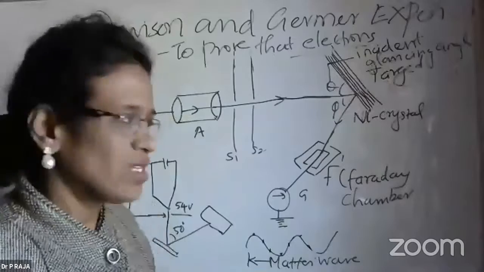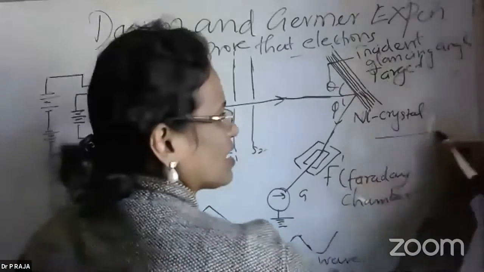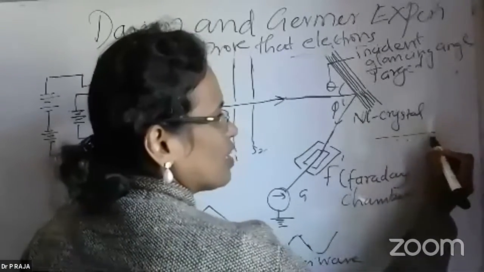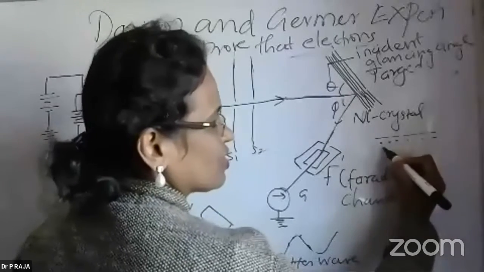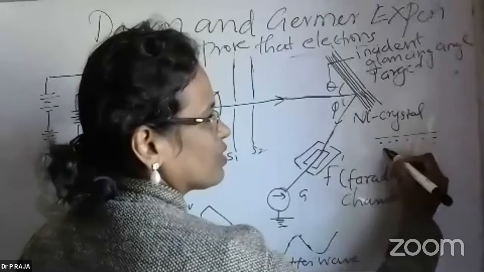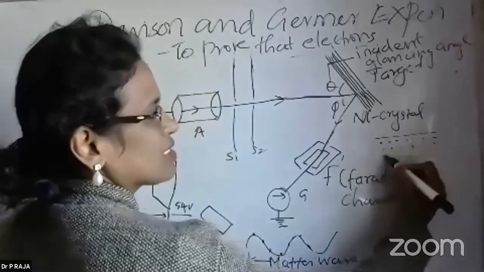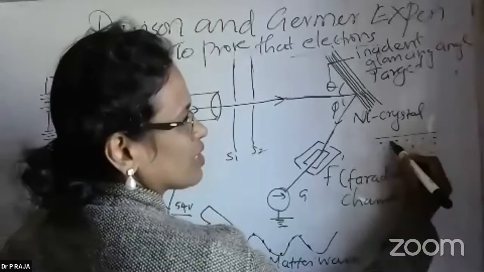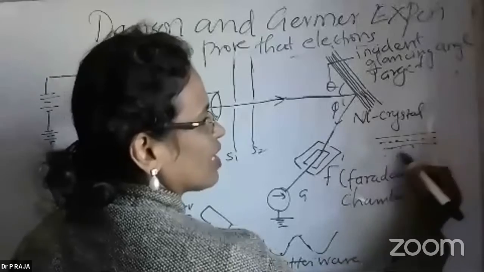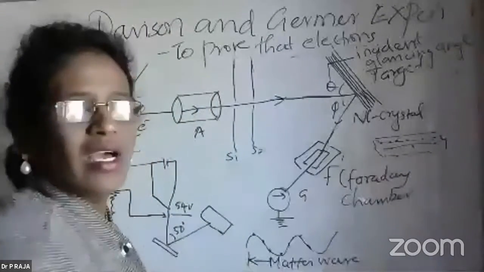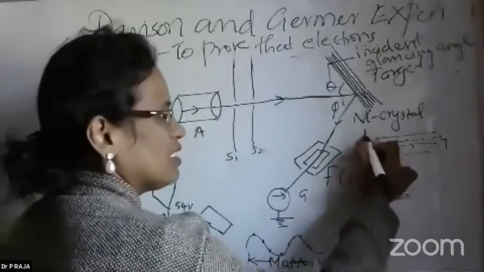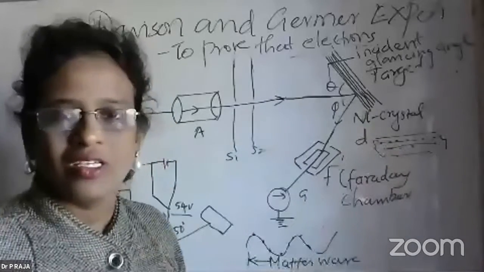You have to imagine that in a particular crystal structure, you will have rows of atoms like this. This row of atoms I can draw as a line, and I can find the spacing between these two as the d spacing, the interplanar spacing.